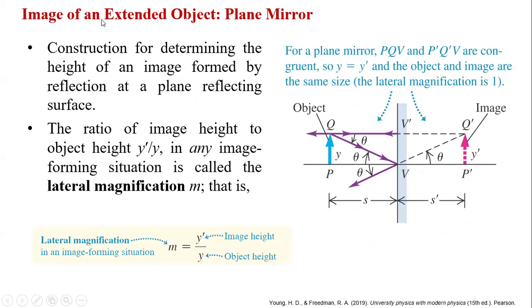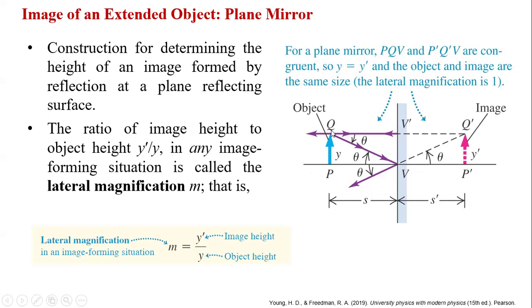How about the image of an extended object? In a plane mirror, say we have an object with a height y. We can determine the ratio of the height of the image over the height of the object. We call that ratio the lateral magnification. If you look at these triangles, VPQ and VP prime Q prime, these triangles are similar.